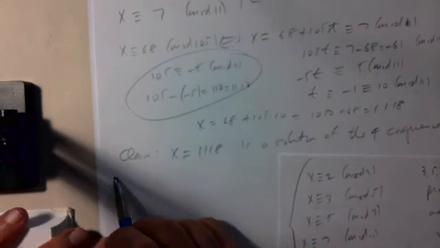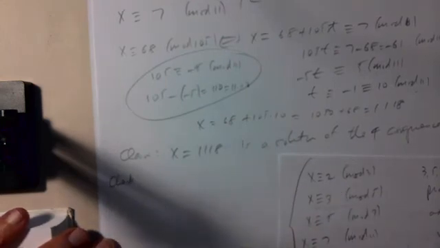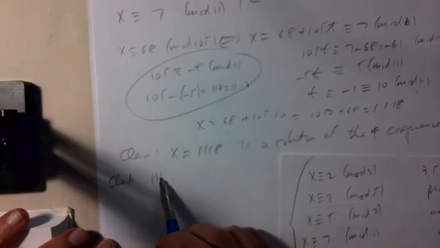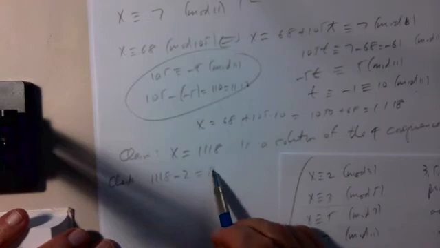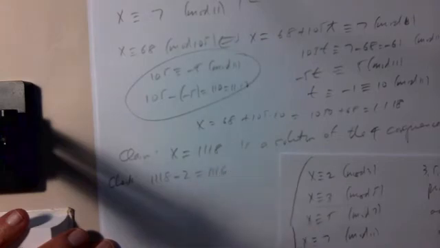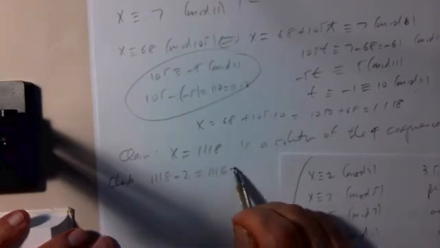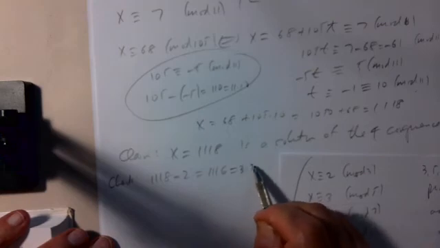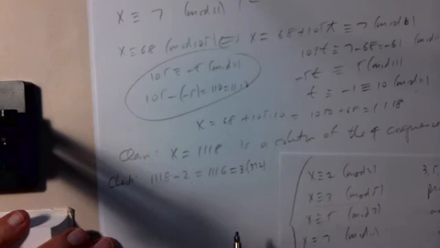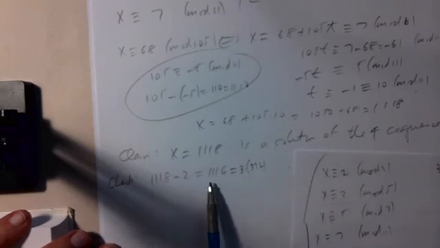So let's just check. 1118 minus 2 is 1116. Is that divisible by 3? This is 3 times 372. So this is congruent to 2 mod 3.